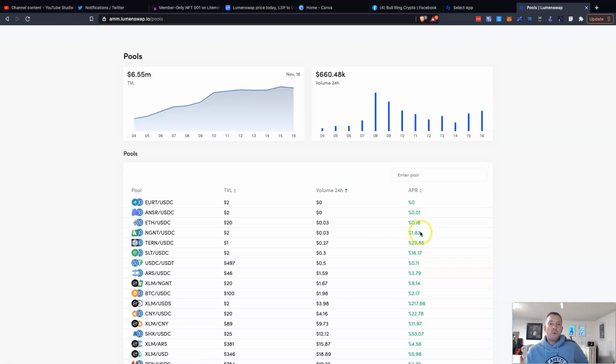So the APR will be based on the trading volume and the fees associated with the trading volume. Remember, the fees are 0.3% of the traded volume. The traded volume here is 0, so that's going to be 0.